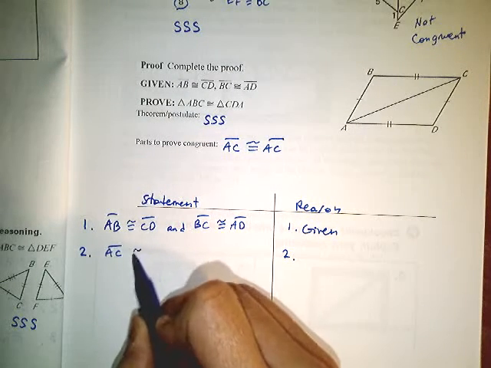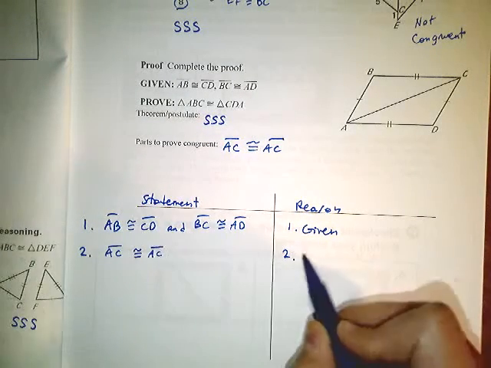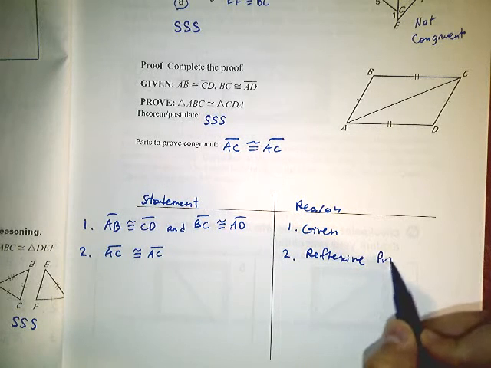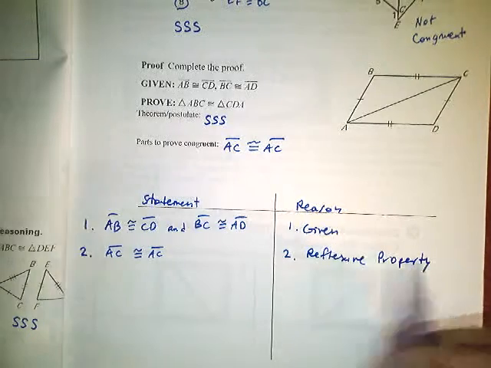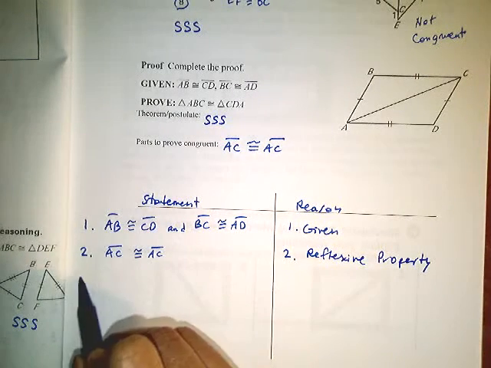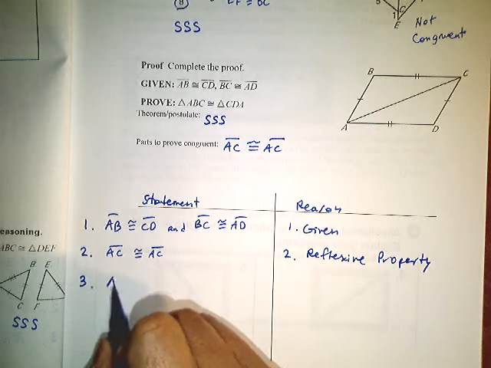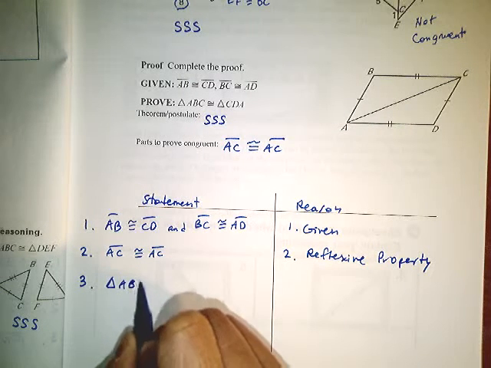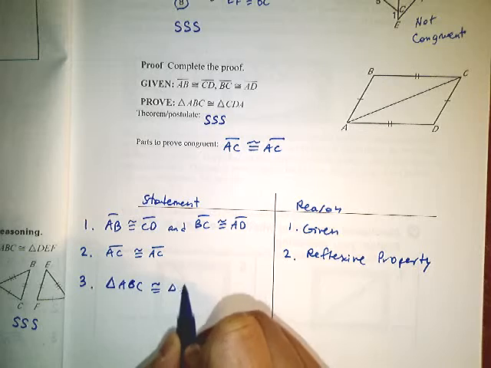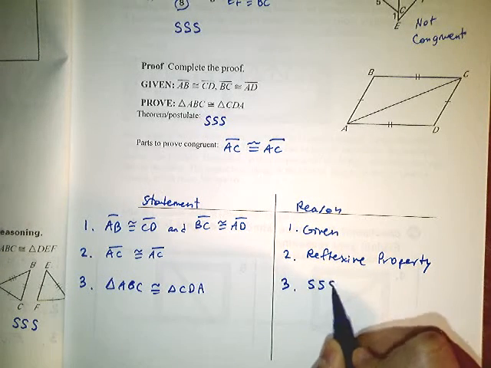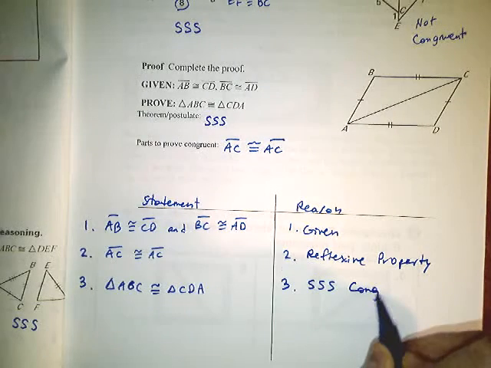In this case, this side is congruent with itself. That's the reflexive property. And then once you had 1, 2, 3 pairs of sides that are all congruent, you could say that triangle ABC is indeed congruent to triangle CDA by the side-side-side congruence postulate.